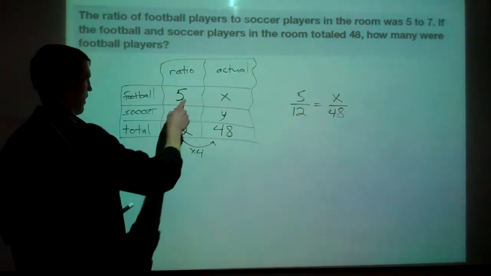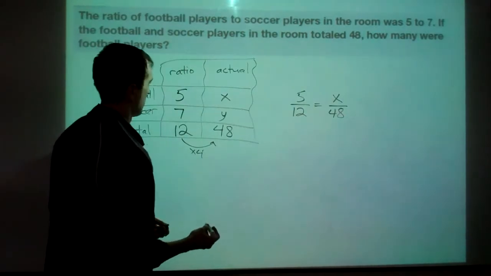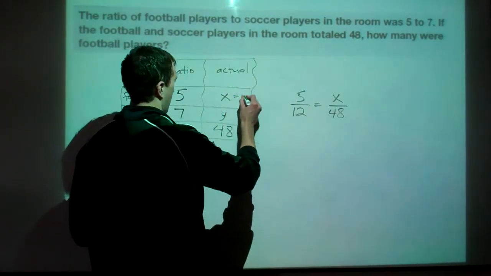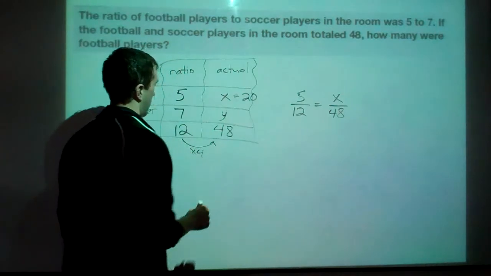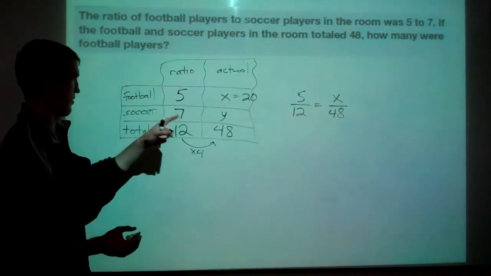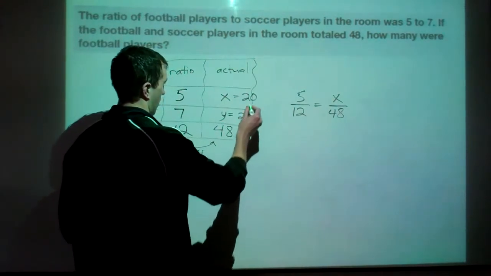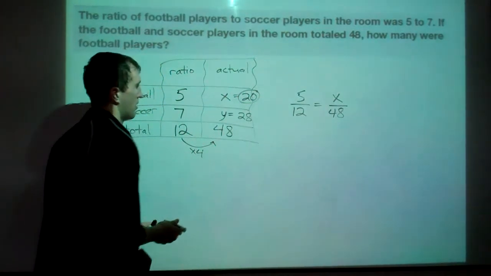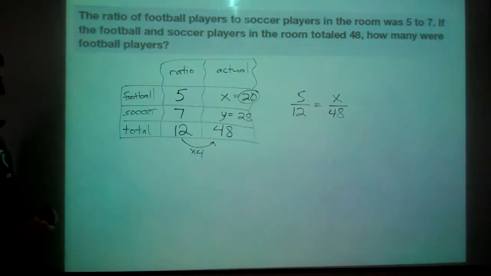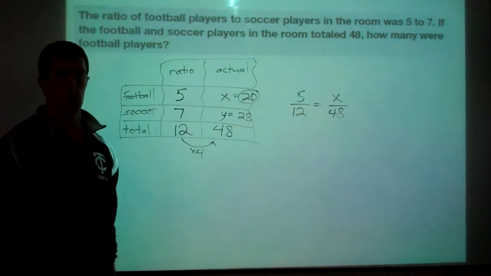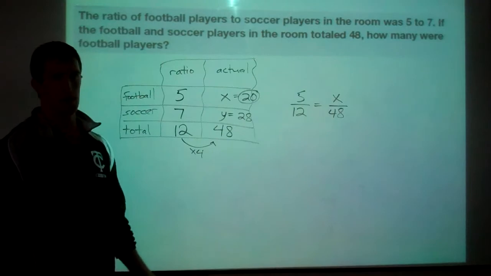So 5 times 4, that gets us 20. Let's just check and see if this works. 7 times 4 is 28. This is what we wanted. 20 plus 28 gets us to 48. Looks like we probably did that right.